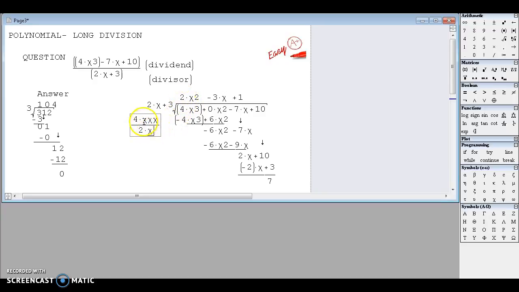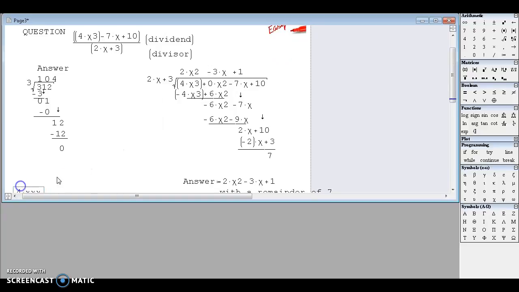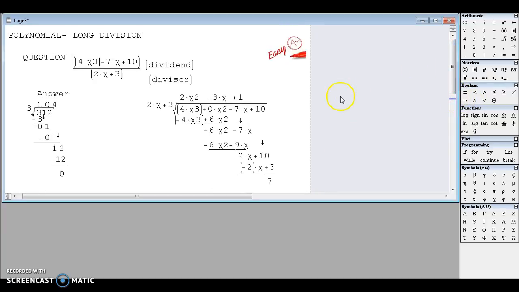And x cancels x, leaving us with 2 x's. So we have 2x squared right here. And that's how we got it. Now we can put that away. Back to the question. Then you do the same thing for the 3. 2x squared times the 3, and then you notice that we'll have a 6x squared right here.